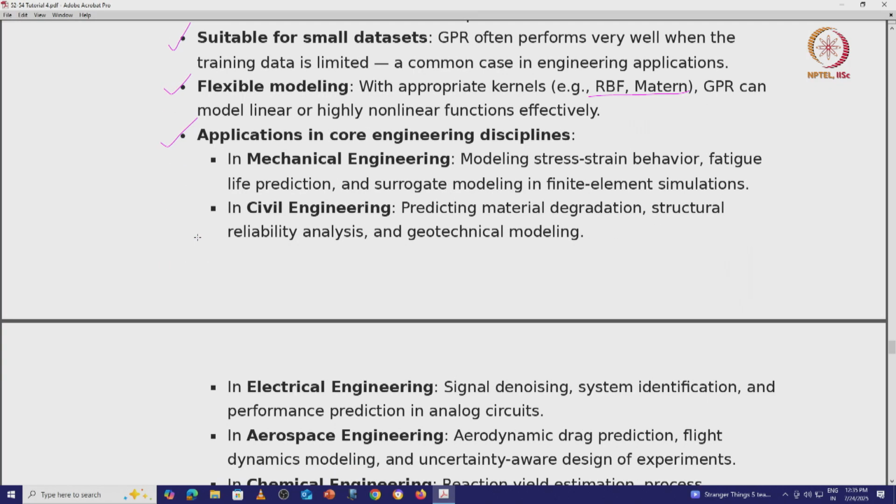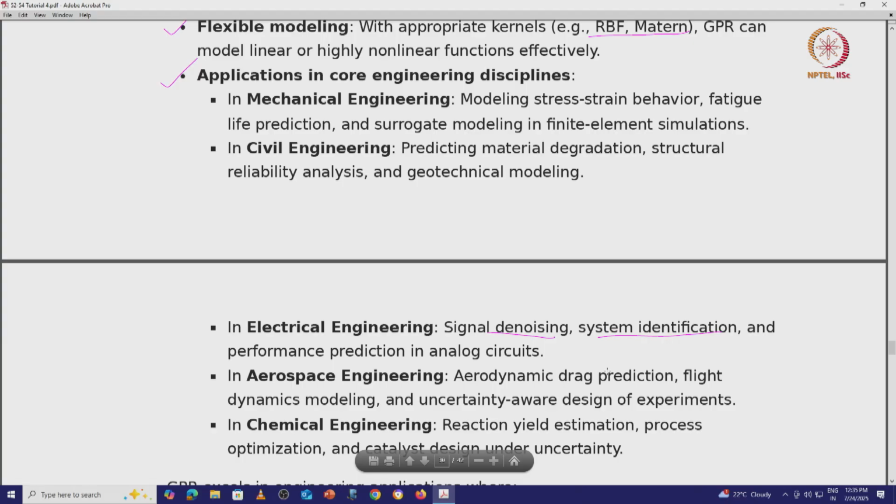In civil engineering, one may want to predict the degradation of a material used in construction, structural reliability analysis, and geotechnical modeling. An electrical engineer on the other hand may be interested in denoising of signals, identification of a system type, and performance prediction in analog circuits.